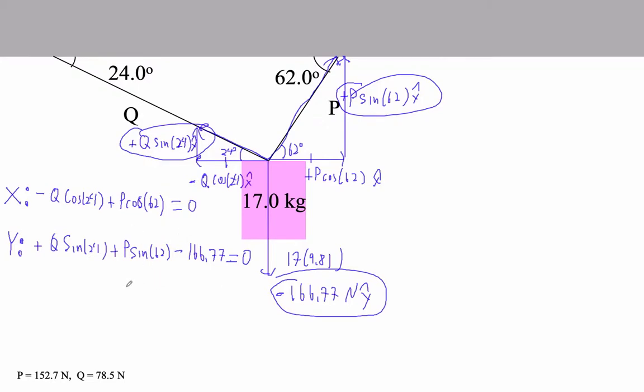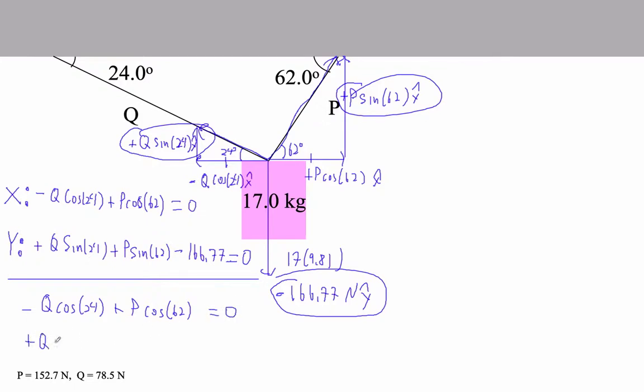Now let's make these matrixable, which is, they're almost matrixable the way they are, right? So minus Q cos 24 plus P cos 62 equals 0.